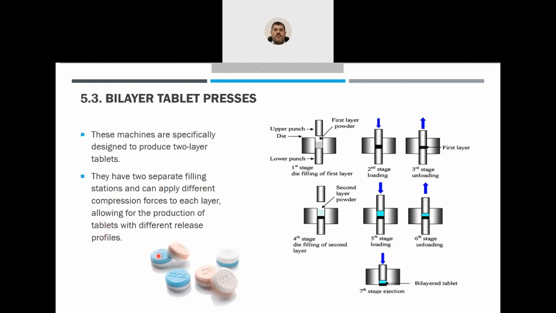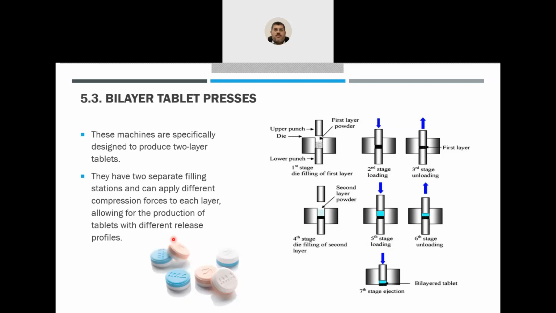This is the good thing. You can include, for example, two ingredients, one ingredient in the upper layer, one ingredient in the lower layer. One of the two formulas of the two layers can be designed to be released probably immediately. The other one can be designed to be released, say, by sustained release. So in this case, you can have different actions.